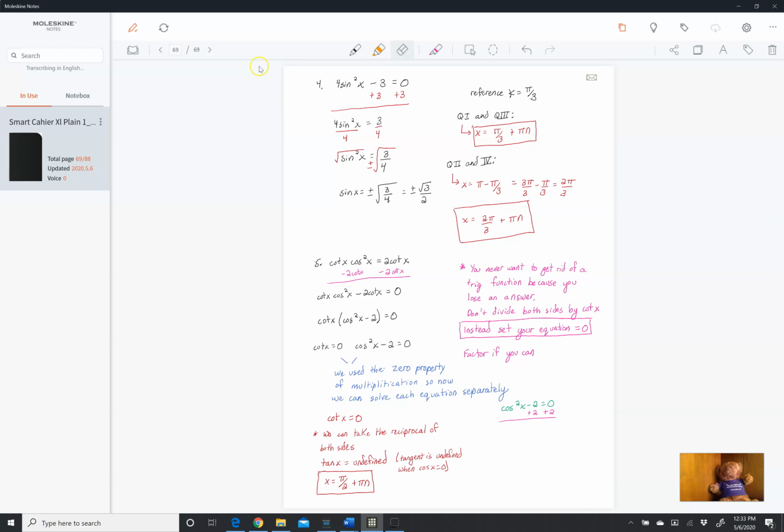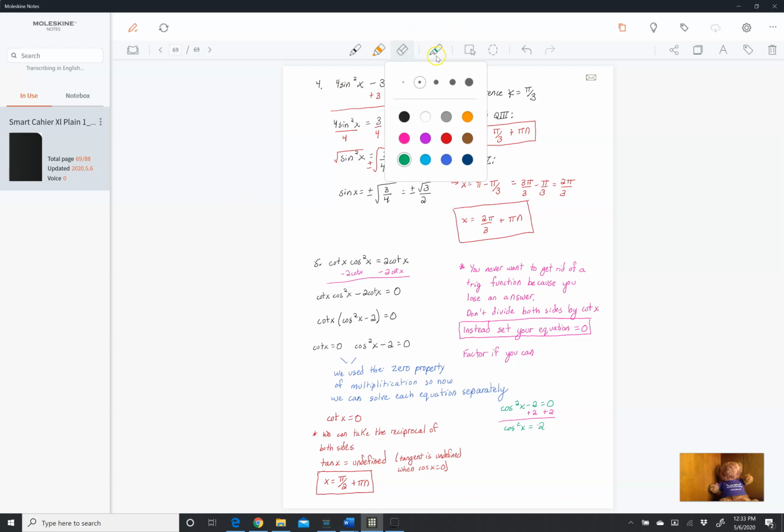We get cosine squared of x is equal to 2.